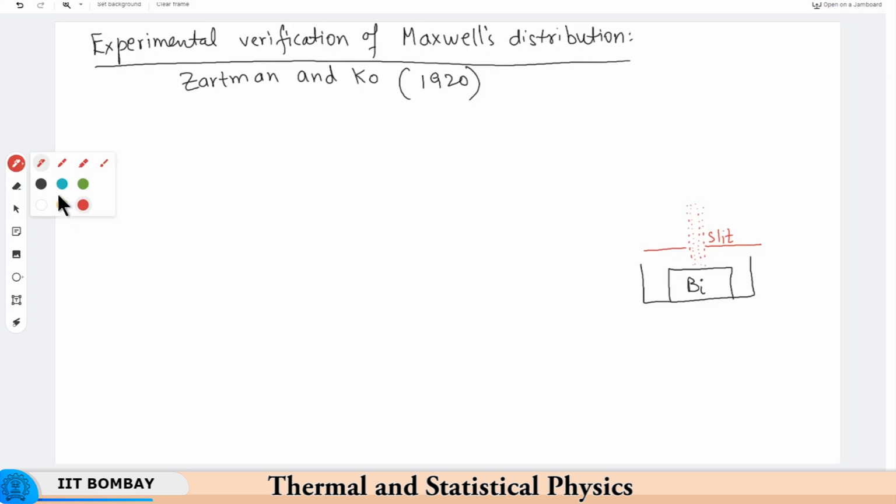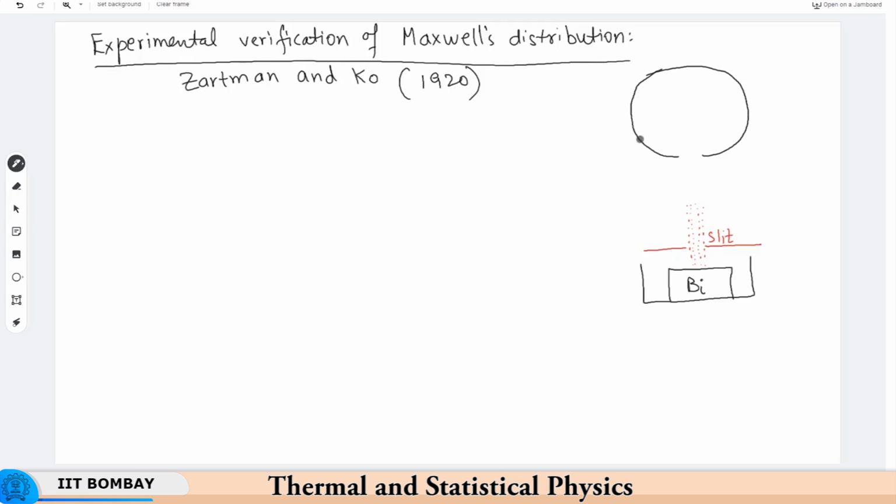and they use a cylinder. I am just drawing a side view of this cylinder. So, this is a long cylinder, and there is a slight opening at the cylinder. There is a tiny slit at the cylinder through which these bismuth molecules can pass through.